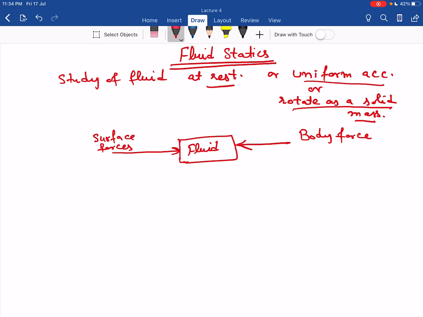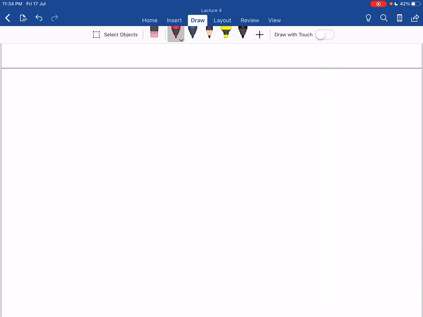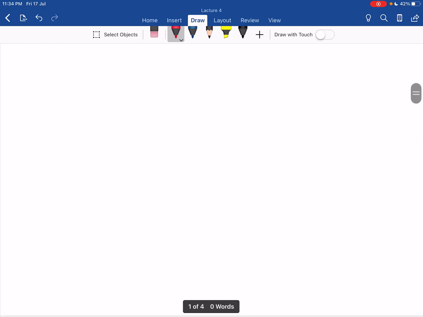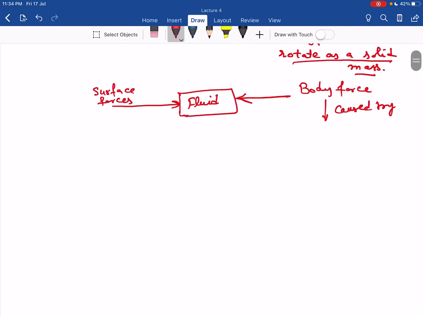Now this body force is caused by gravitational pull or by some electric field or by some magnetic field.